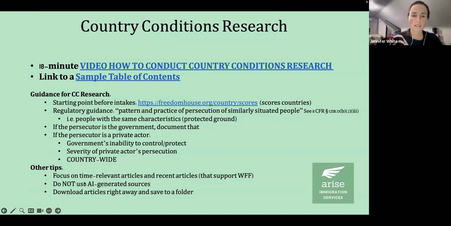Okay, so I won't go through all of these because again, it's designed to be like a checklist. But these three tips down here I think are very helpful, especially in the current environment. You do want to focus on time-relevant articles and sources. For example, if you are working a Northern Triangle country case, that's Honduras, Guatemala, El Salvador, as you probably know, our government has made it almost impossible to win one of those cases for a lot of reasons.